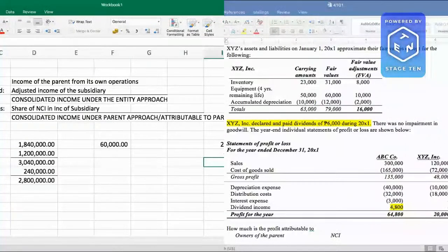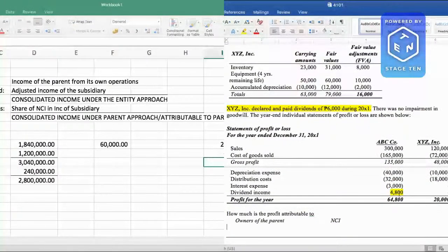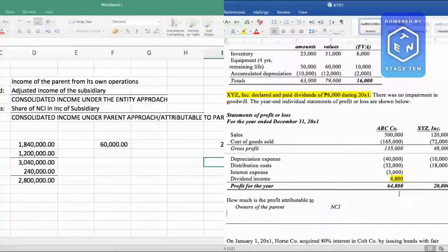Focus on the cost of goods sold. Okay, the cost of goods sold here, class, is 72,000. As reported by the subsidiary, it is 72,000. But what's wrong with the 72,000, class? What's wrong with the 72,000?